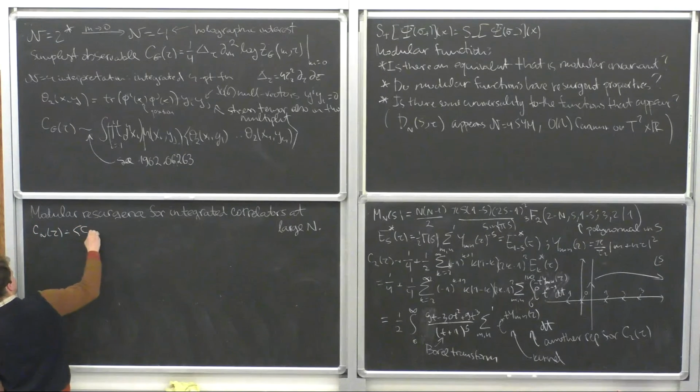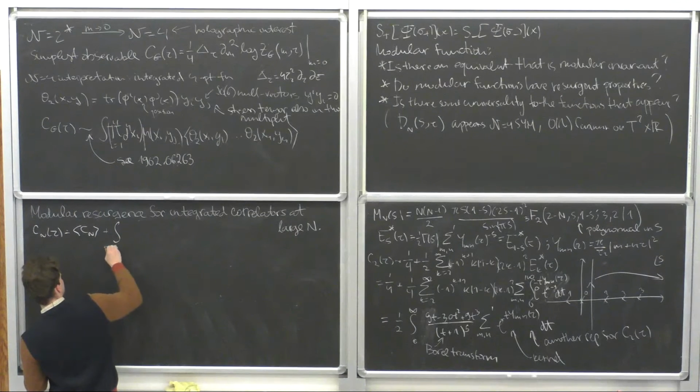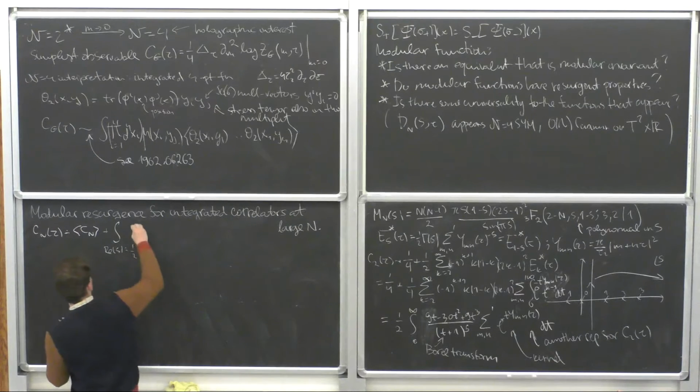So there's still the constant overlap, but now there's a different integral. And this one is a bit more complicated.